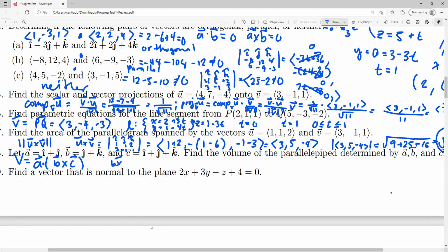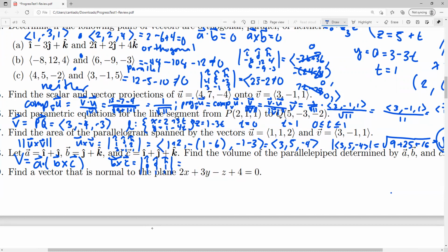What is B cross C? B cross C is equal to, what do we have here? So first let's do i hat, j hat, k hat. Don't forget that for B and C, we want the coefficients. The i hat of B is non-existent, so that's 0. j hat is positive 1, k hat is positive 1. And then for C, it's 1, 1, 1, right?